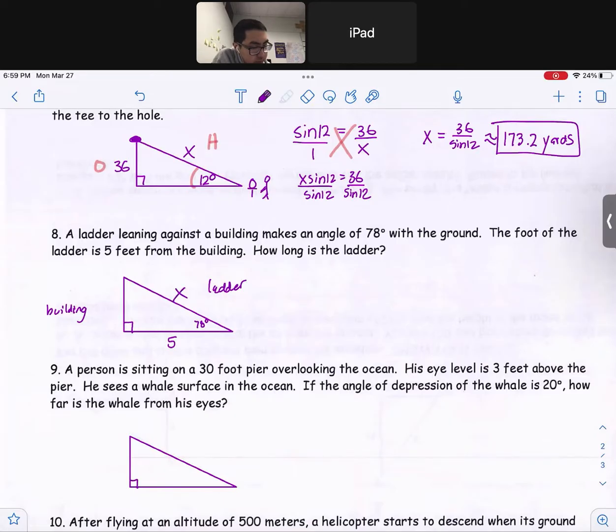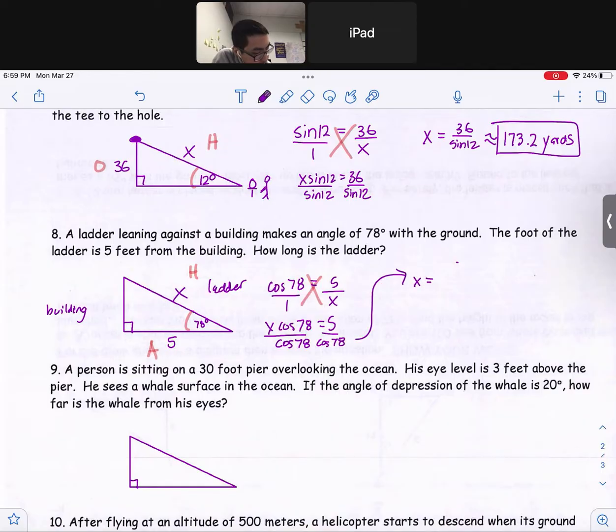So this is definitely using cosine. Adjacent over hypotenuse, cosine of 78 equals adjacent over hypotenuse. X cosine 78 equals 5, and divide both sides by cosine 78.